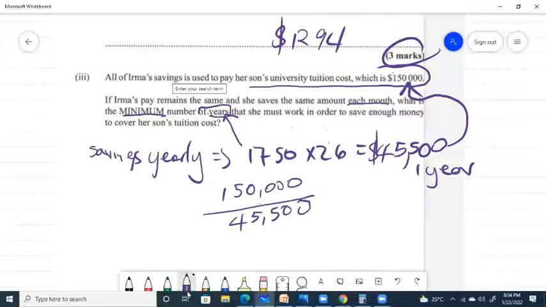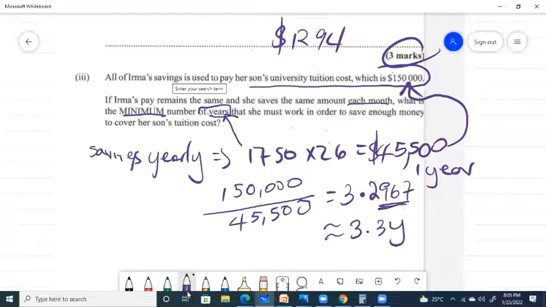Let me see how many years come out. 3.3, very good. Anybody want to confirm? Double check. 3.296703297. Yes, right. All right. So approximately, 3.3 years, basically.